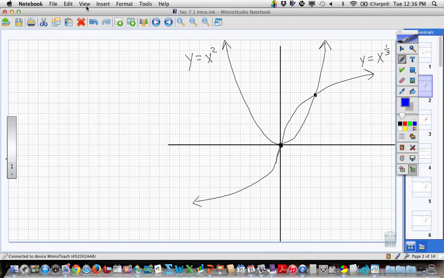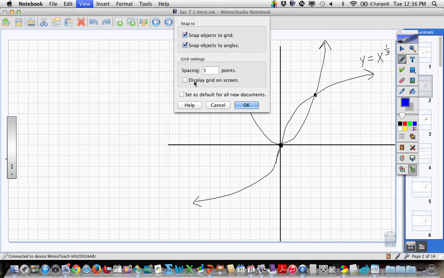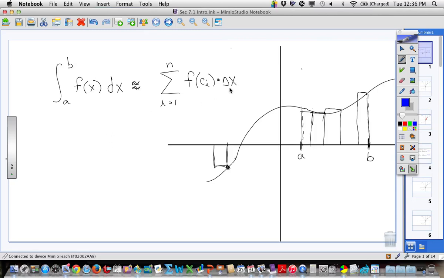Okay, let's see. Okay, so when we do area under a curve, there are several different things I want to talk about today. When we do area under a curve, remember it came from this integral sigma idea where we add up a bunch of rectangles, right? So if I've got this curve and we're going to do this area right here, I'm just going to add up a bunch of these rectangles. Now, how do we do that?